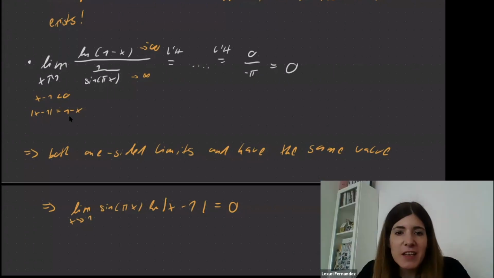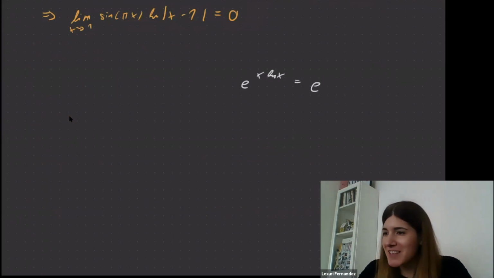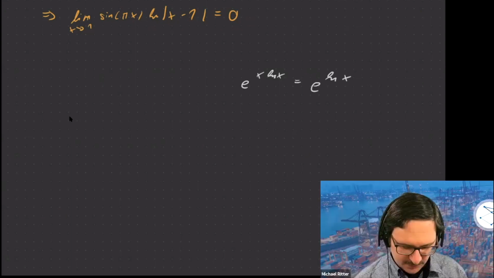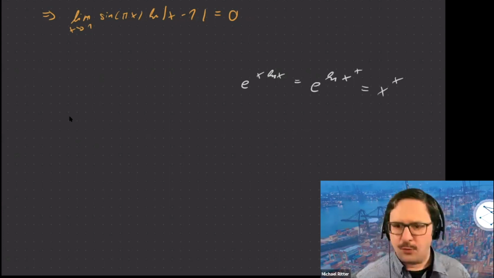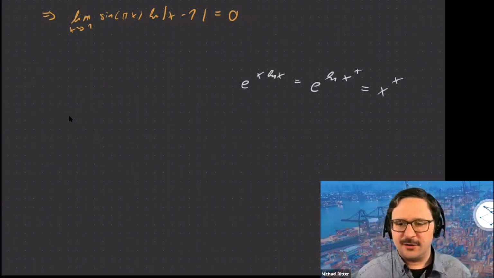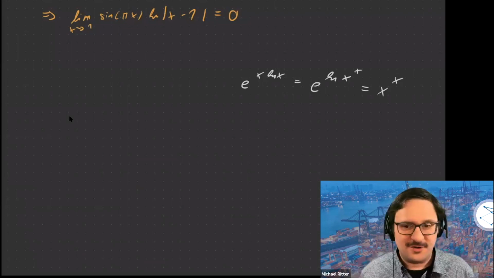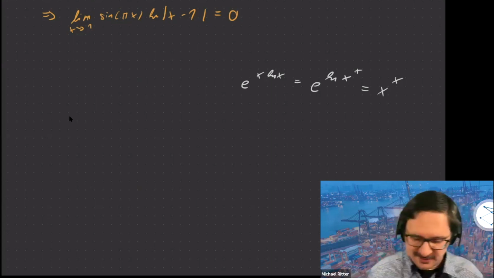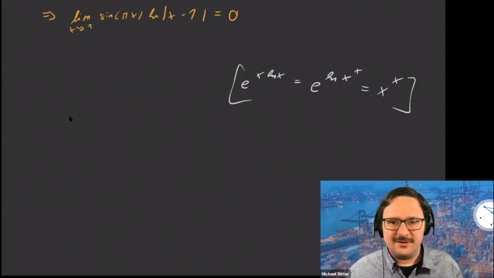The only thing I could think of is, like, x times logarithm of x, we could write it as logarithm of the exponential of x times logarithm of x, but I don't really see how it works. You could get something like x to the power of x, but then what? How do you get that limit? You can try that, of course. It's always worth a try if you don't have an easier way, but I don't think it helps in this situation. At least I don't see how.